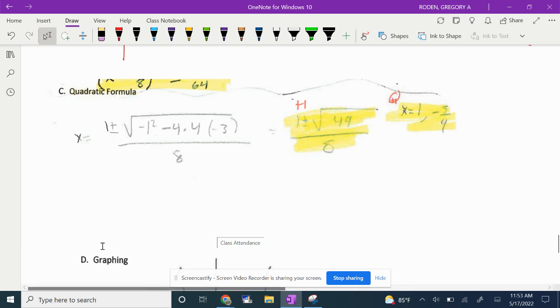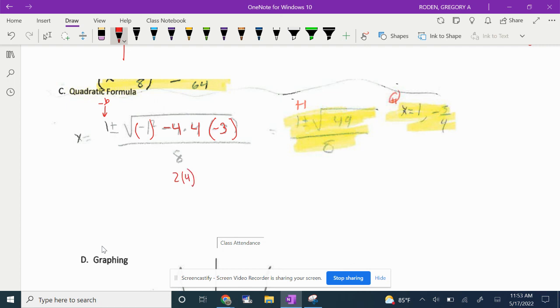Quadratic formula. In this case, we just put x equals negative b. So I believe our b was -1. So that's negative b plus or minus the square root of b squared minus 4ac all over 2a. So 2 times 4, right?